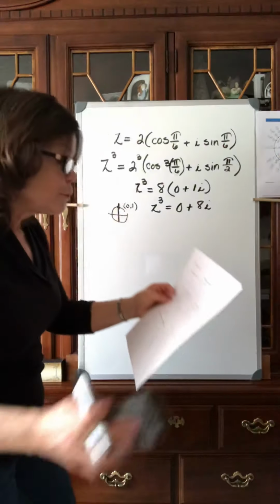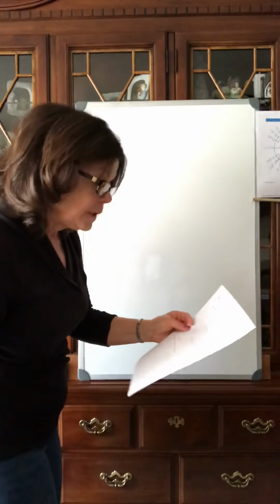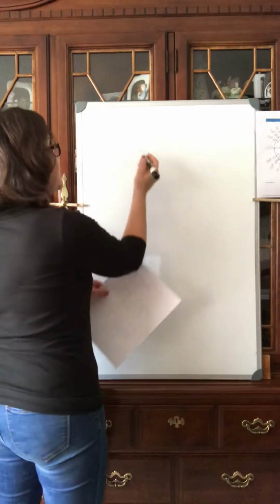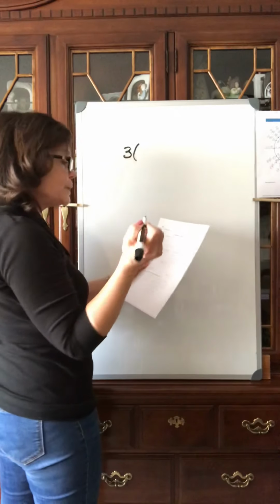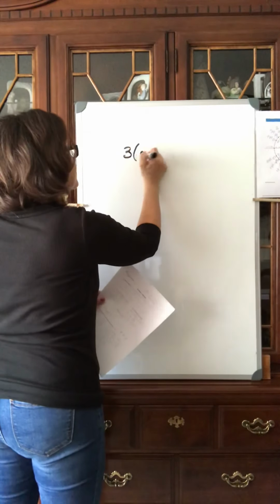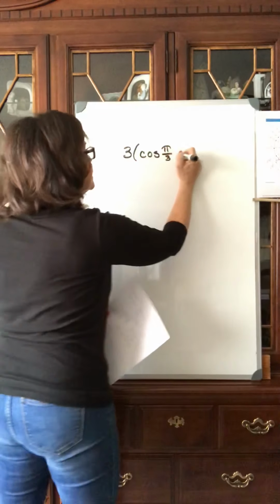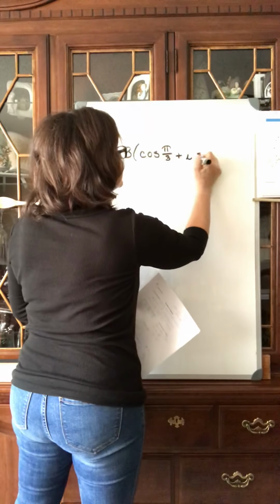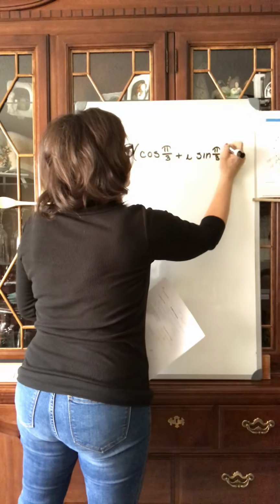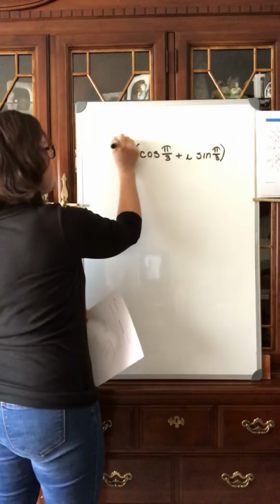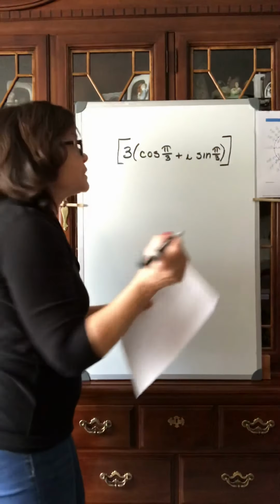For example number 2, we're going to find 3 times the cosine of pi over 3 plus i times the sine of pi over 3. This whole complex number we're going to raise to the 4th power.